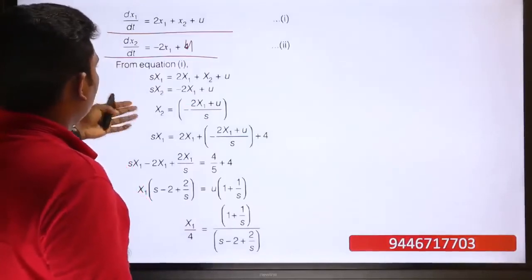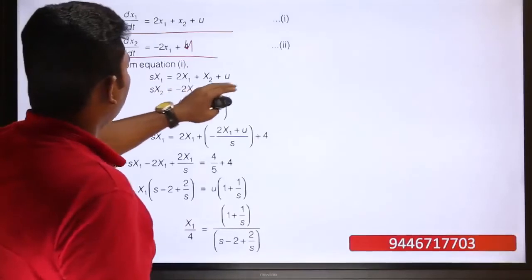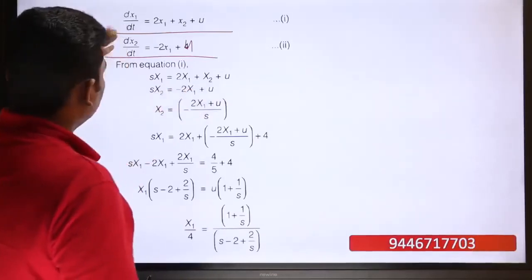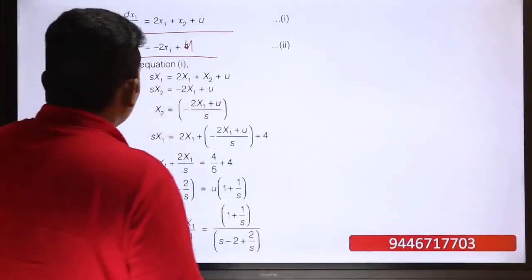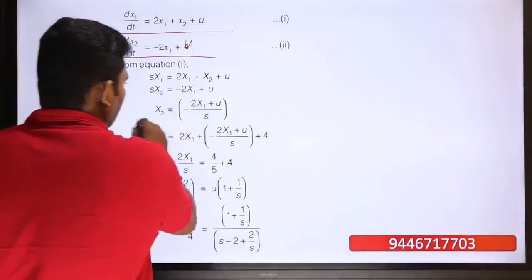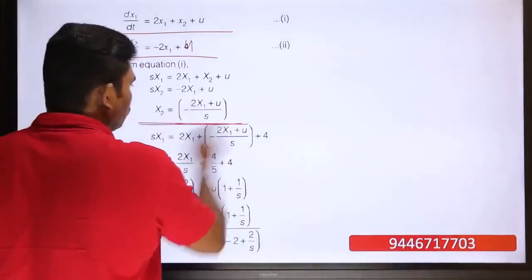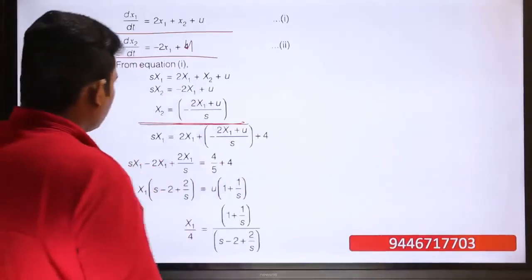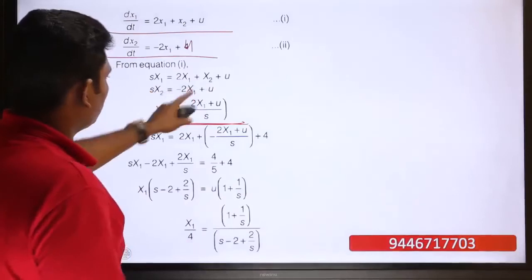So it becomes s x1 equal to 2x1 plus x2 plus u, and s x2 is equal to minus 2x1 plus u. And here from the second equation we can make an expression for x2 in terms of x1, because here x2 is equal to minus 2x1 plus u the whole divided by s.